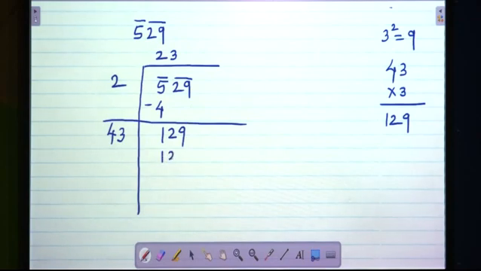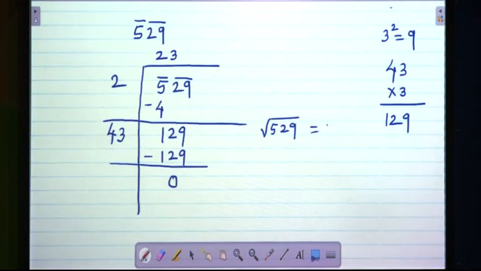So, it is 129 and we are subtracting. We are getting the remainder 0. So, the square root of 529 is equal to 23. What is the quotient? It is 23. Remainder we got 0.